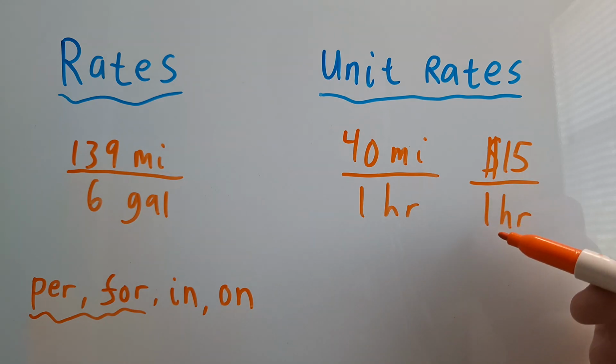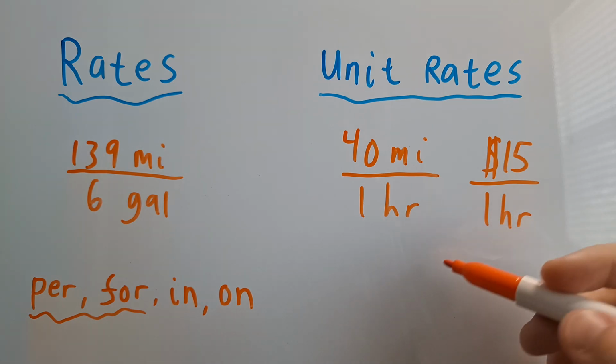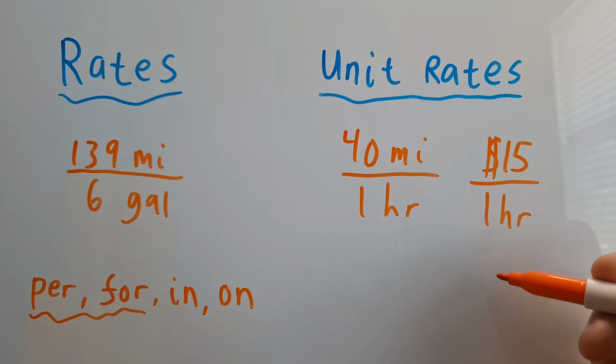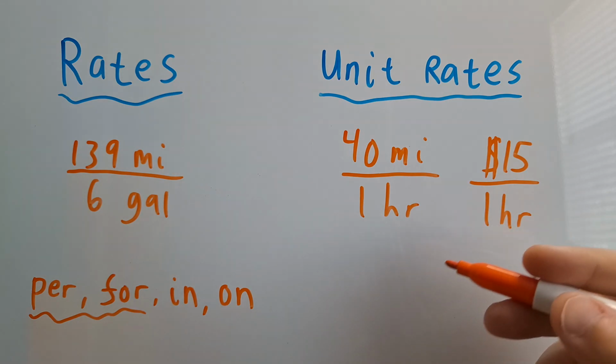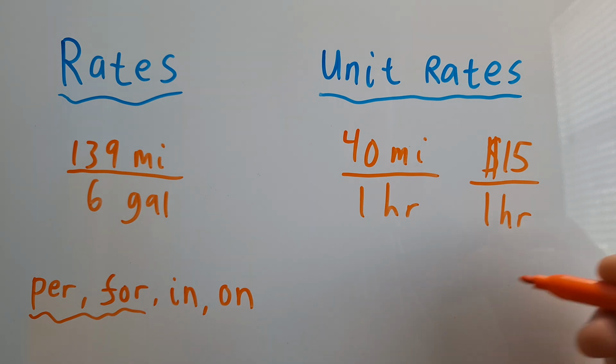So in order to change one unit of measure to another, we can use rates that equal 1. If we're doing common conversions like minutes to hours or seconds to hours, we can use something like 60 minutes is 1 hour or 60 seconds for 1 minute to help us do that conversion.